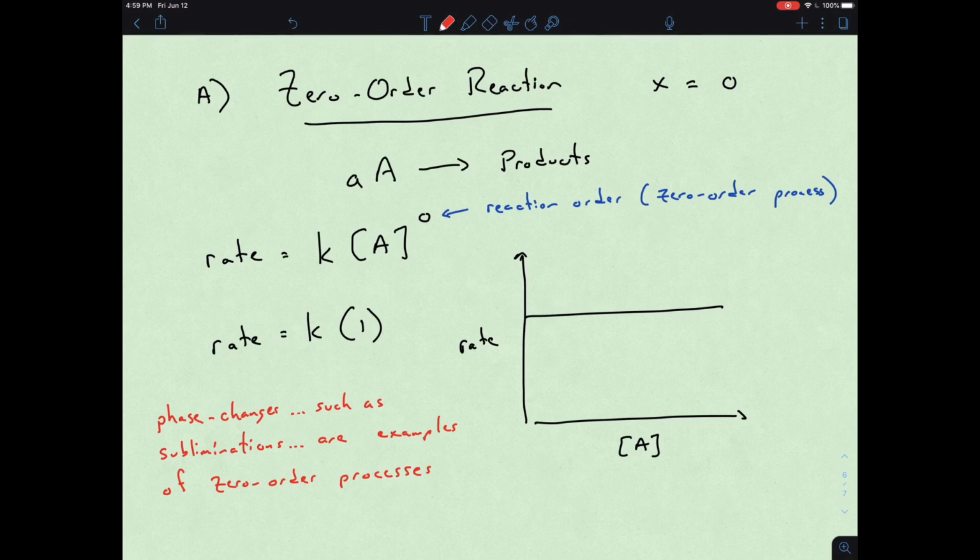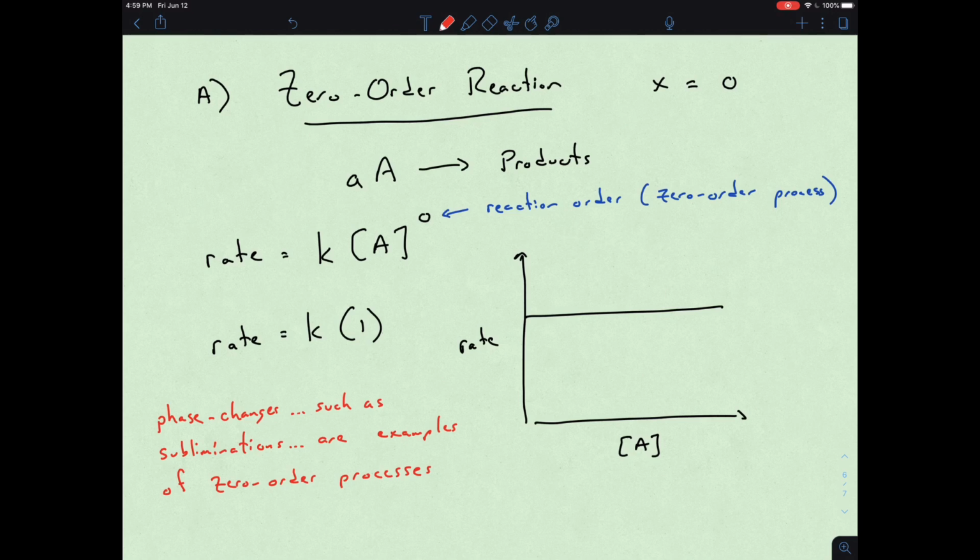But it doesn't matter if I have a big brick of CO2 or a small granule of CO2, they actually sublime at the same rate. It's independent of how much of that material I have, because of this idea of phase change, as well as the idea that this is just a 0 order process.